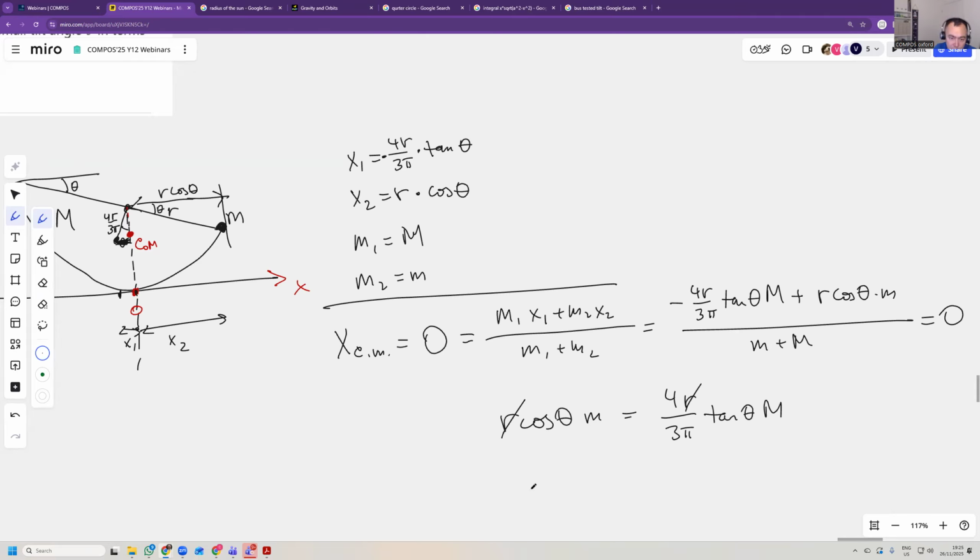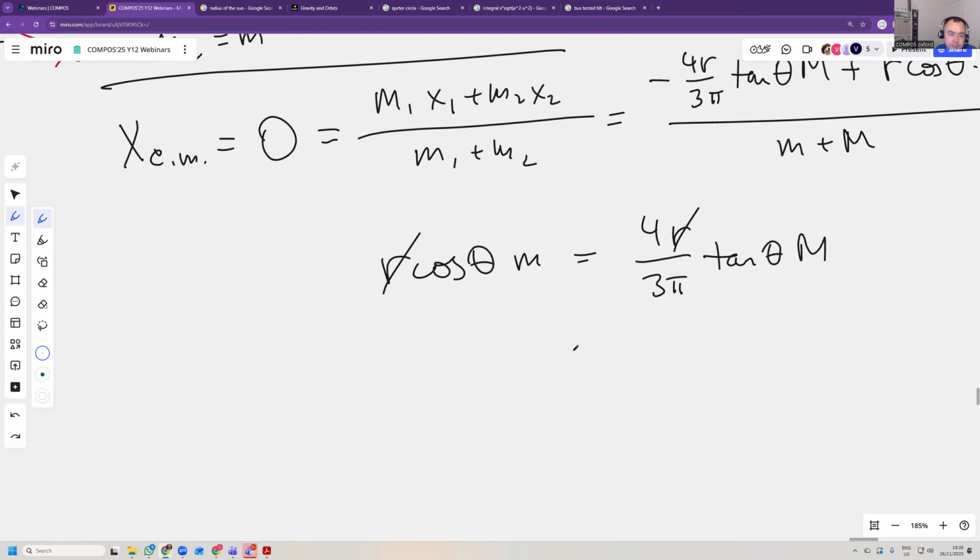Okay, and cos theta m equals, it's a little bit, oh, okay, looks like we have to do a quadratic, really.